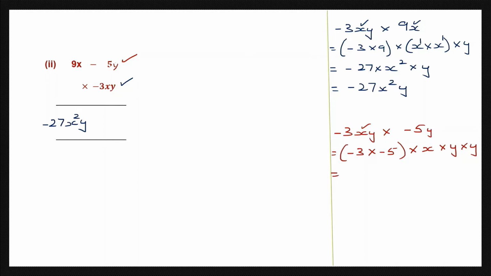Now minus into minus is plus. 3 5s are 15 into x into y. There's 1 here and 1 here, so 1 plus 1. So it will be 15xy to the power of 2. So here this is a plus sign. So we can write that here, plus 15xy squared.